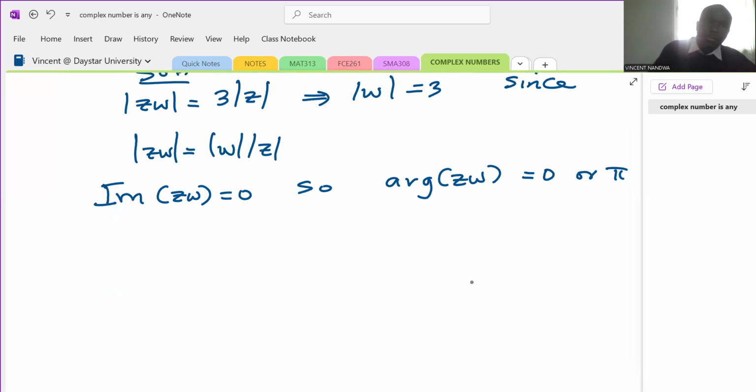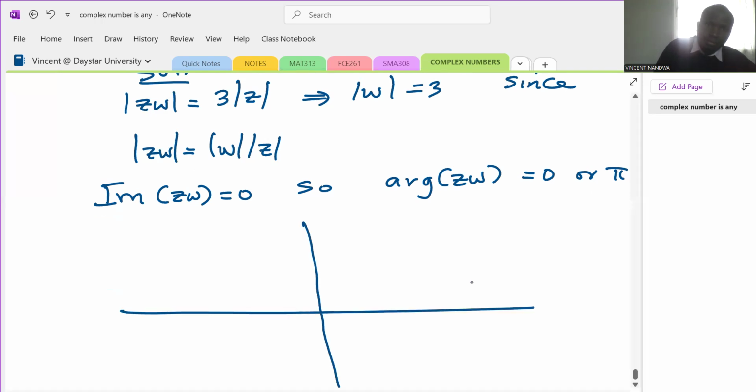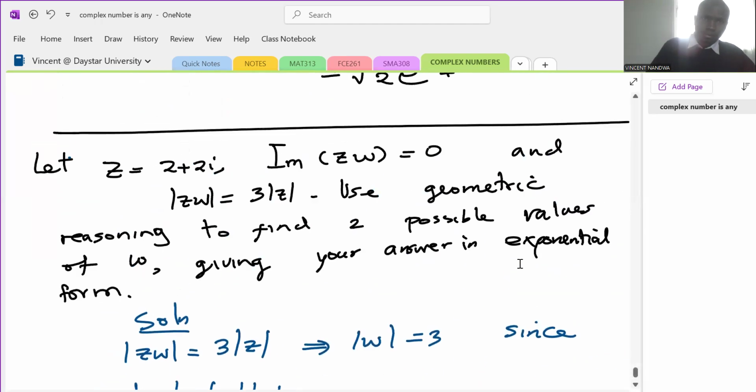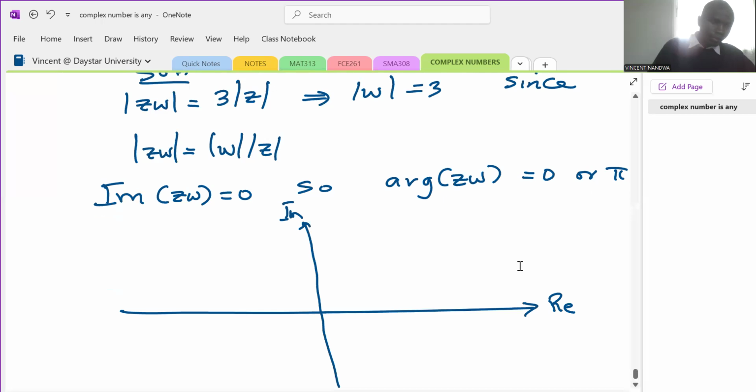So now we can actually make this sketch. If this is the imaginary axis, this is the real axis. So Z will be somewhere here. Remember, Z is given as 2 plus 2i, so it will be somewhere here.